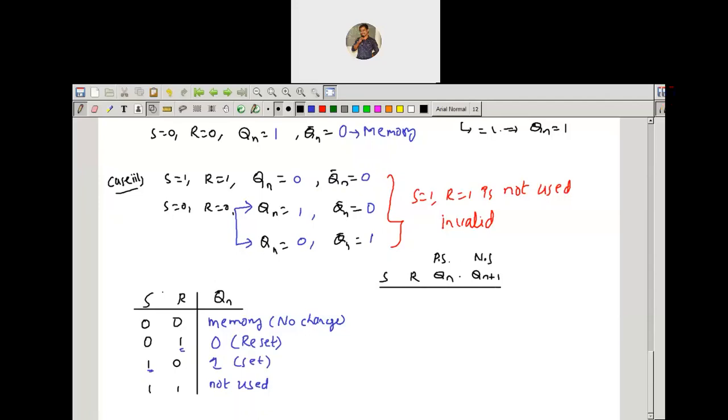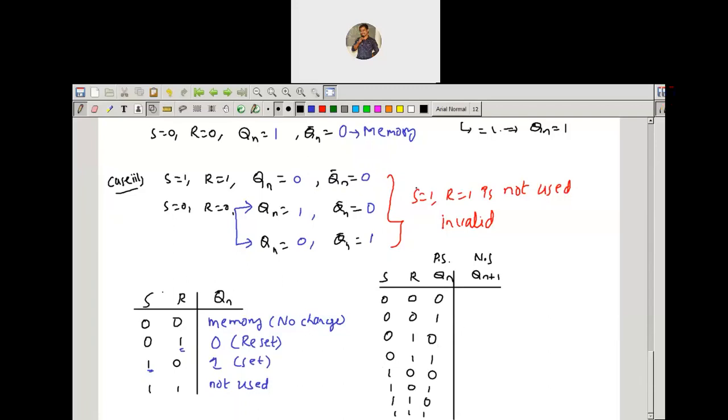Let me fill it in with the 0 0 case, where Qn can be 0 or 1. For the 0 1 case, Qn can be 0 or 1. For the 1 0 case, this can be 0 or 1. For 1 1 also 0 or 1.